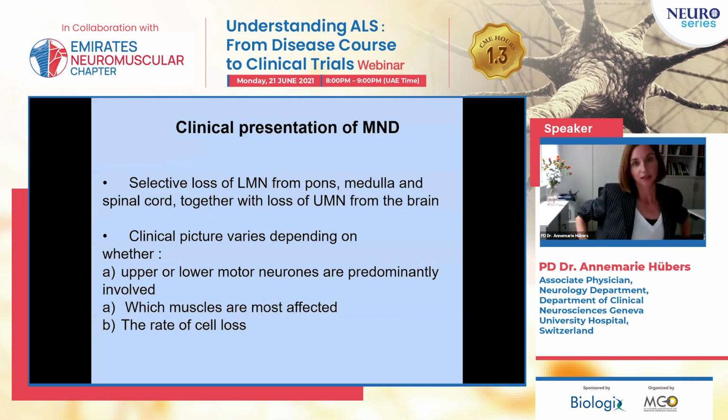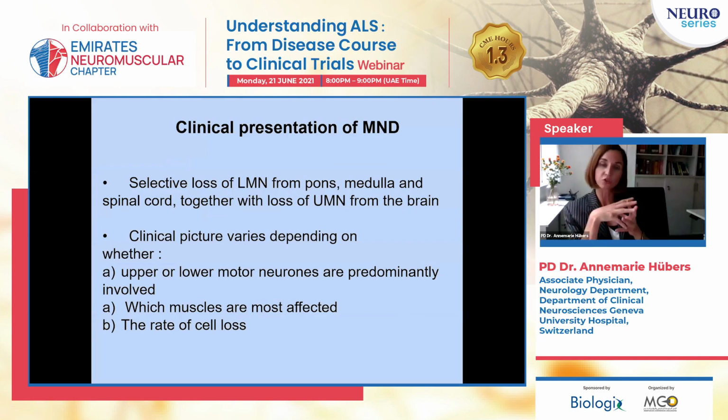How may motor neuron diseases present on the clinical level? The patient may show just a selective loss of lower motor neurons from pons, medulla oblongata, and the spinal cord, combined with upper motor neuron loss originating from the brain, from the cortex.